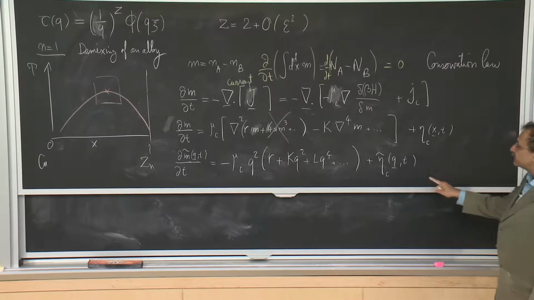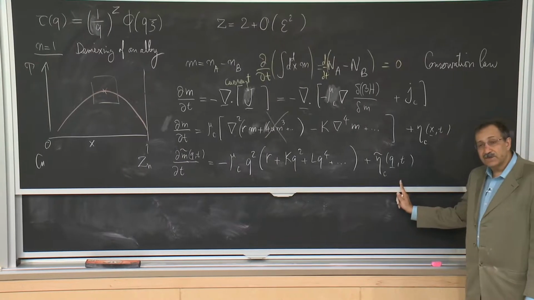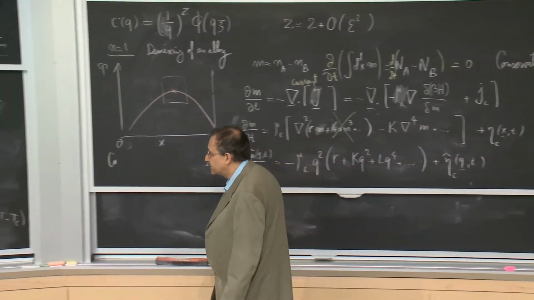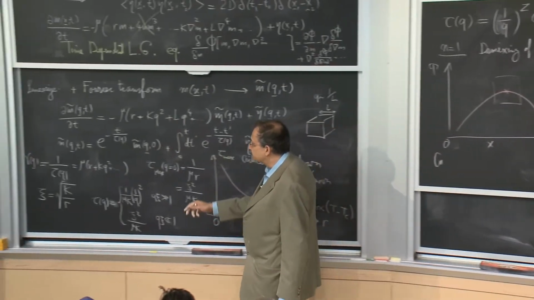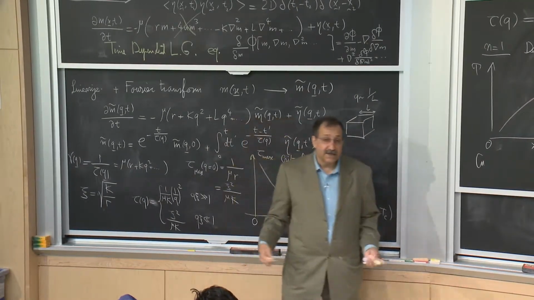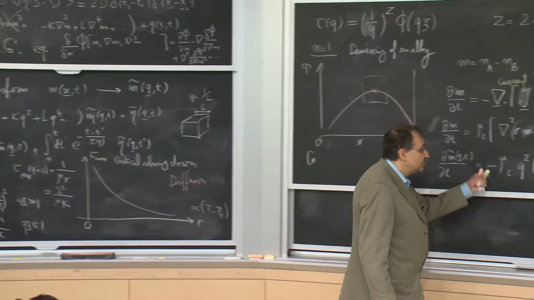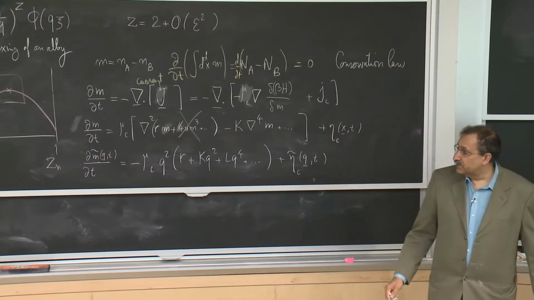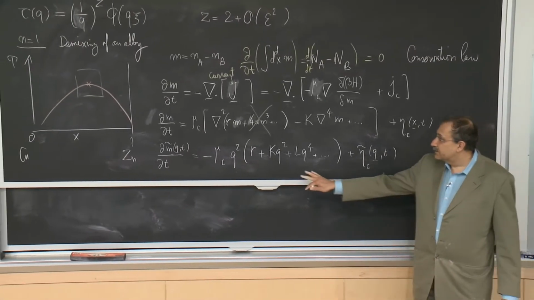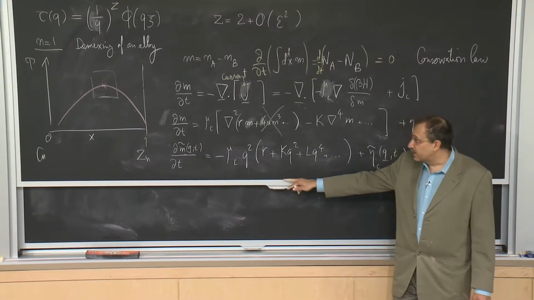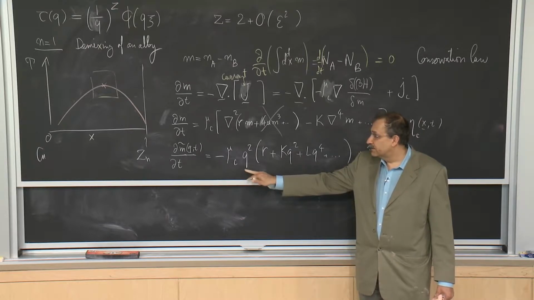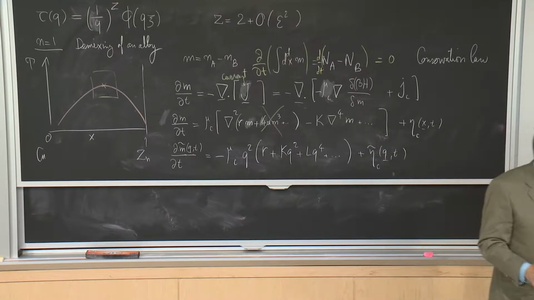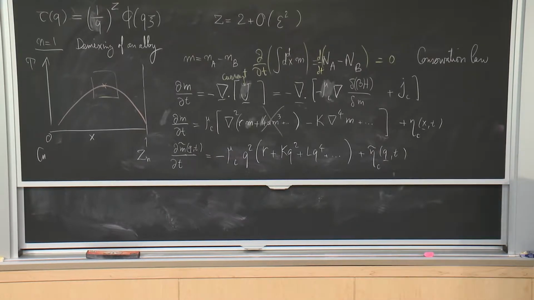You can see that the difference between this equation and the previous equation is that all of the relaxation times will have an additional factor of q squared. And so eventually, the shortest relaxation time actually will grow like the size of the system squared, whereas previously it was saturated at the correlation length.